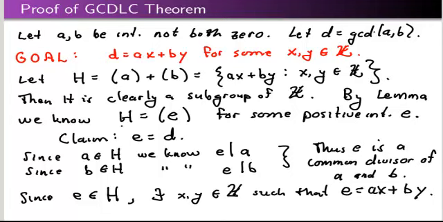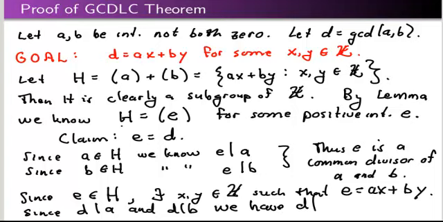So I've called D the GCD, so since D is a common divisor of A and B, we have D divides any linear combination, so D divides E. So we've got E is a common divisor of A and B, and the greatest common divisor is a divisor of E, thus E must be the greatest common divisor.